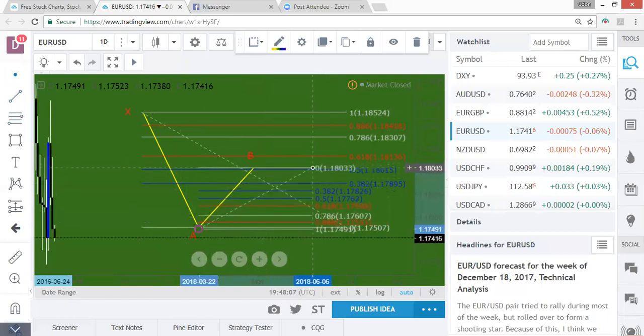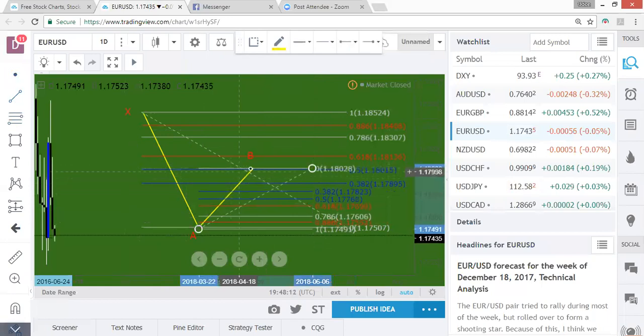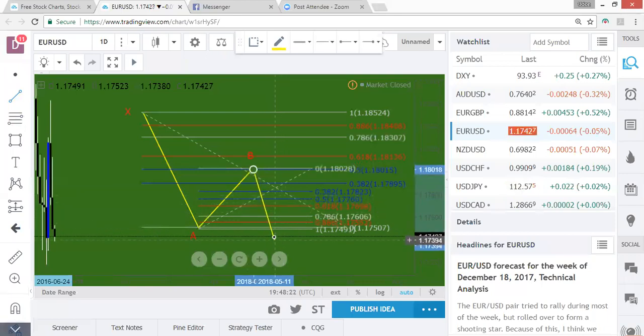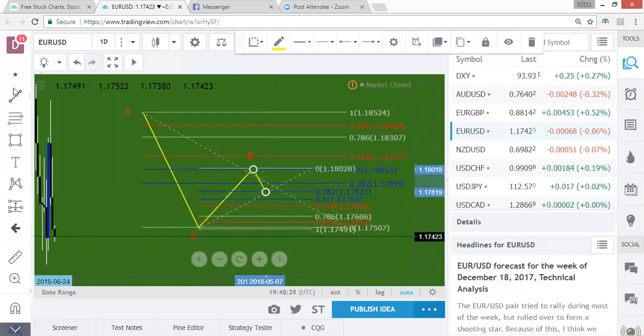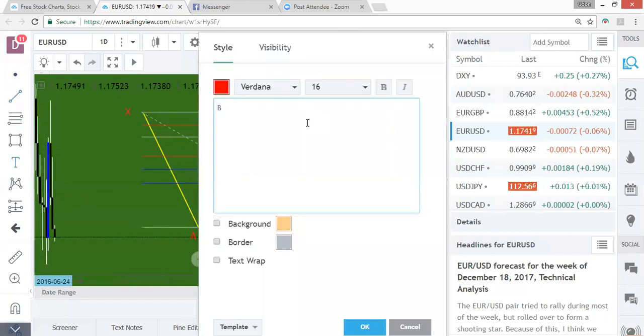Yeah, let's move it over. Sorry about that. Again, we got to hit a minimum of this 382. We can pass all of our other Fibonacci levels as long as we don't break past A at 100%. We're fine. So boom, hit the 382, and we'll know that we have a valid C completion.